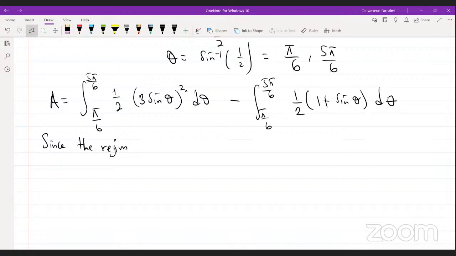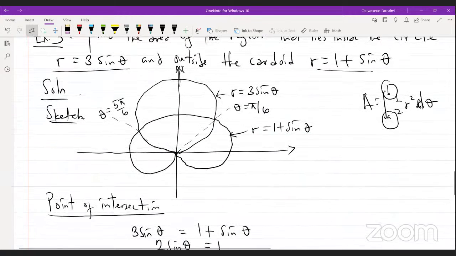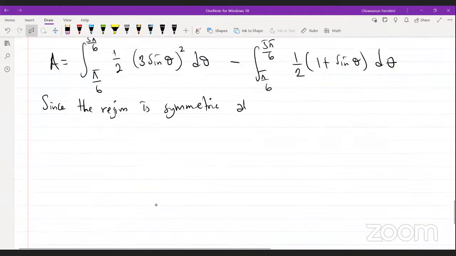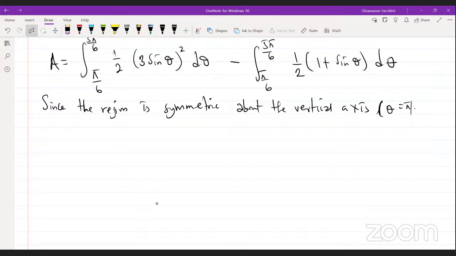So since the region is symmetric, I can go back and show you guys that. This guy is symmetric about the y-axis, or perhaps the vertical axis in this case, and that's theta equals pi over 2.